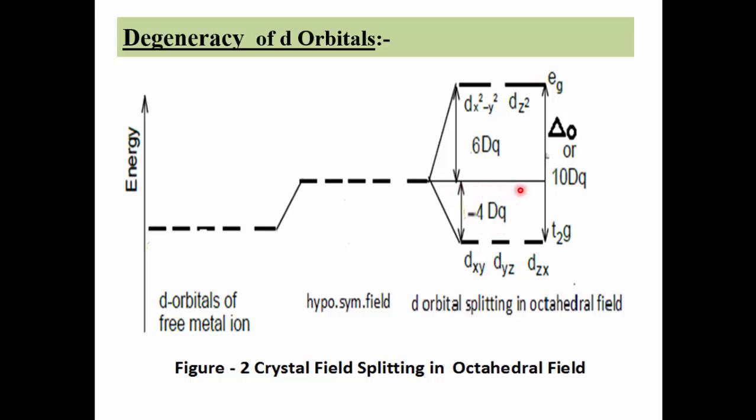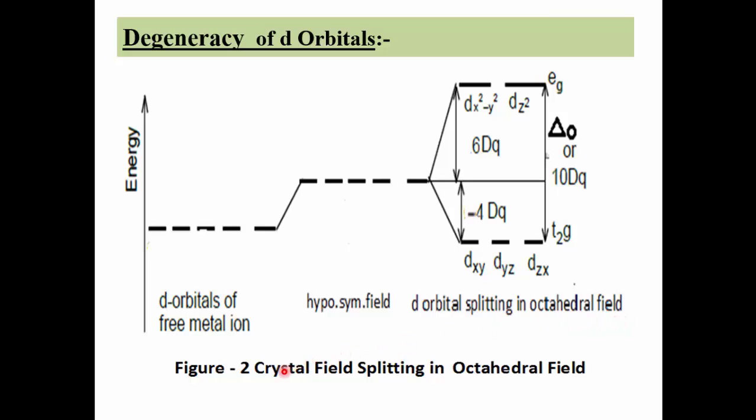This is called the barycenter. This energy difference between Eg and T2g orbitals is called 10 Dq, or it is also called delta O. O means octahedral.